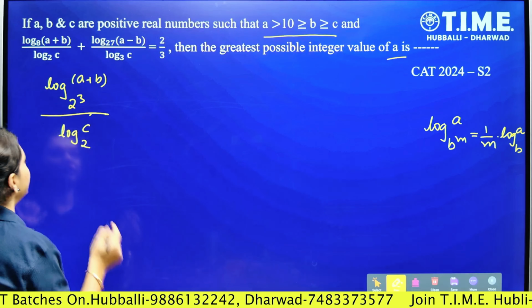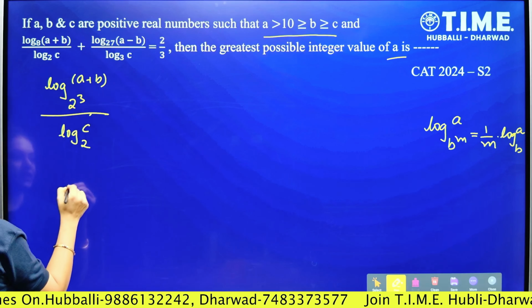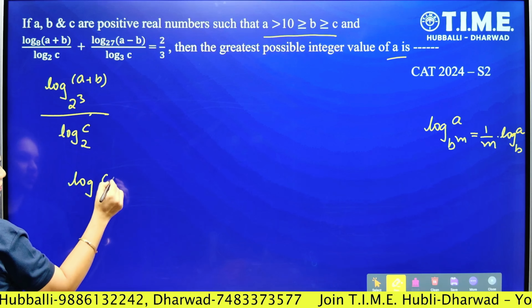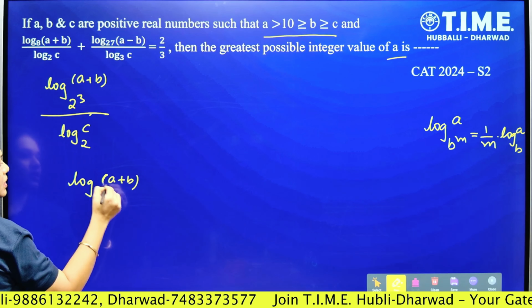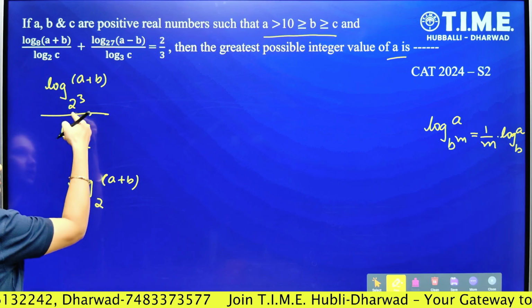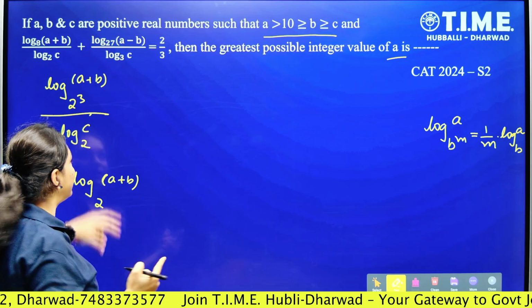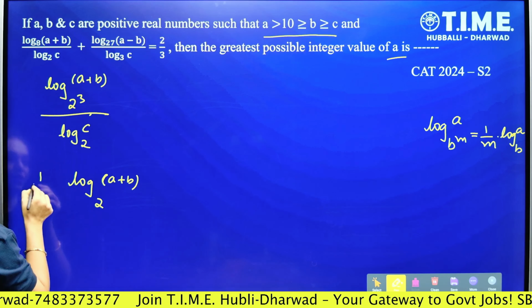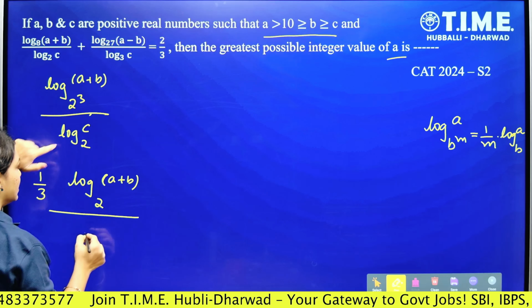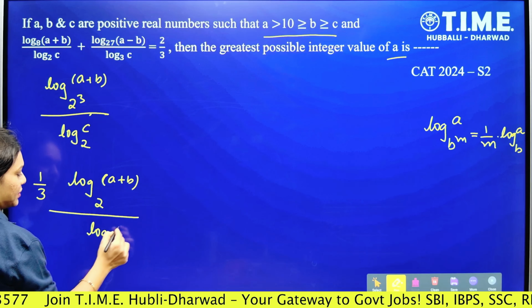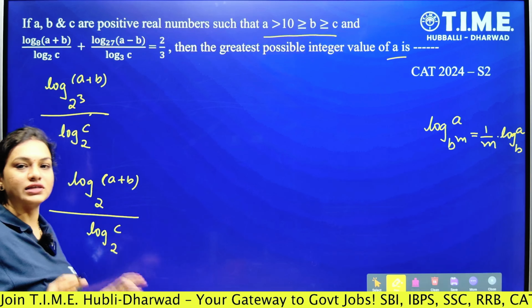Based on that, log of A plus B is as it is. Then the base is 2 here, and the base has the power 3, which gets reciprocated, so it is 1 upon 3. The denominator is not having any power, so we write it as it is.